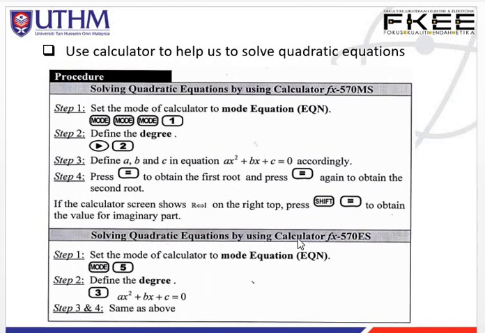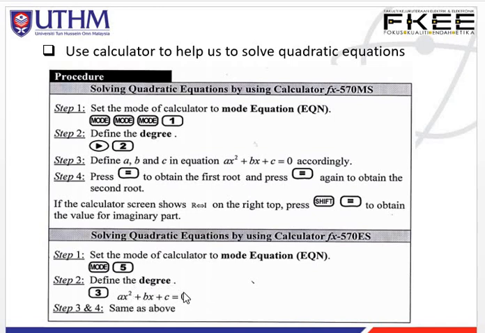Let's say you have the calculator fx 570 ES, you have to follow this step. Set the mode of the calculator again to mode equation. Press mode, then press the arrow 5 times, so you get the mode equation EQN. Then define the degree by pressing 3.